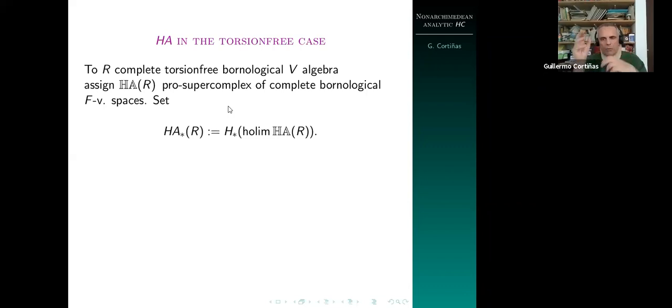Right. So this way you obtain a pro-complex where the maps are not surjective. So the right thing to take is not the inverse limit, but the derived inverse limit, that is the homotopy inverse limit. You take the homology, and that's analytic cyclic homology of R. Well, and then what we prove is that this has all the desirable properties.